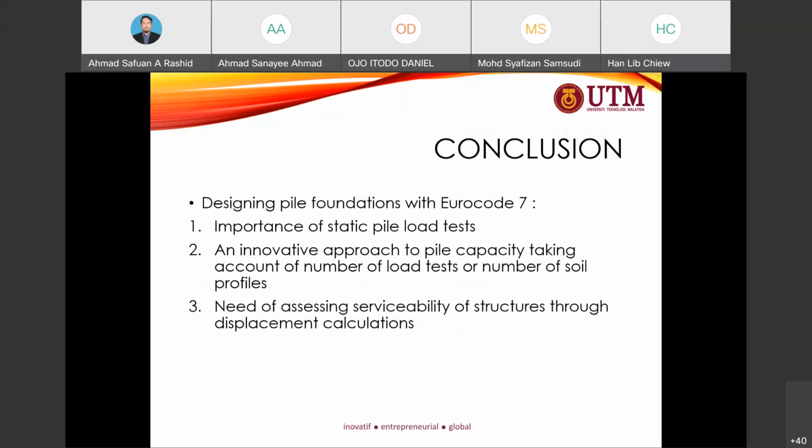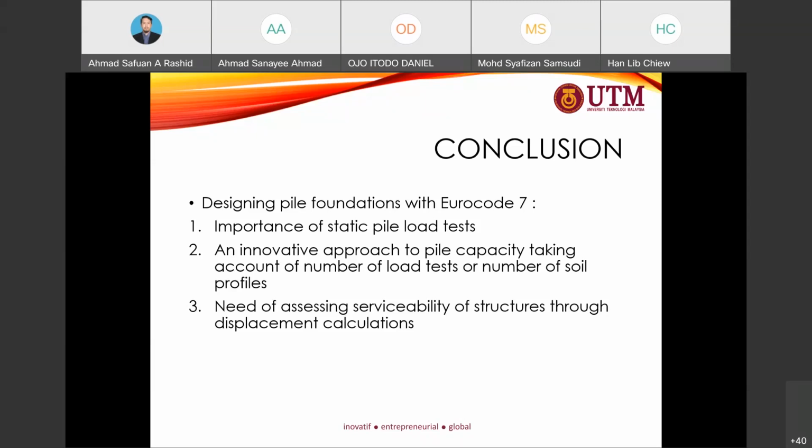So as a conclusion, in designing pile foundations with Eurocode 7, the static load test is important. If we carry out the static load test, the confidence level gets high. There is also an innovative approach to pile capacity taking account of the number of load tests or number of soil profiles, and the need of assessing serviceability of the structure through displacement calculation.